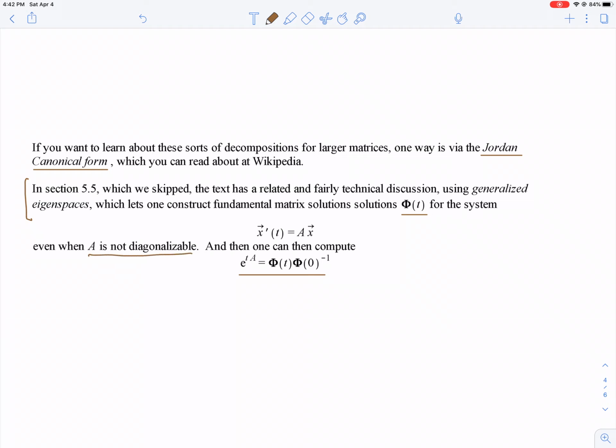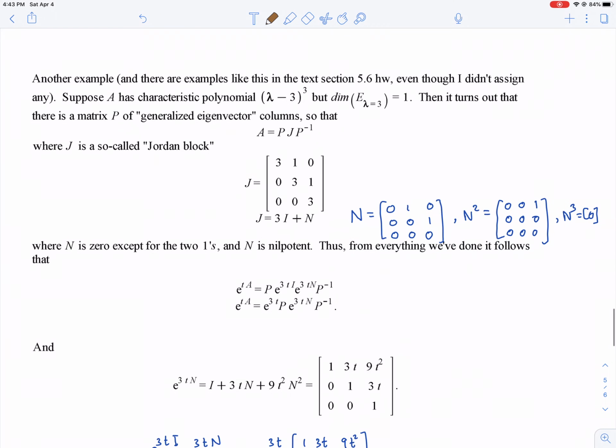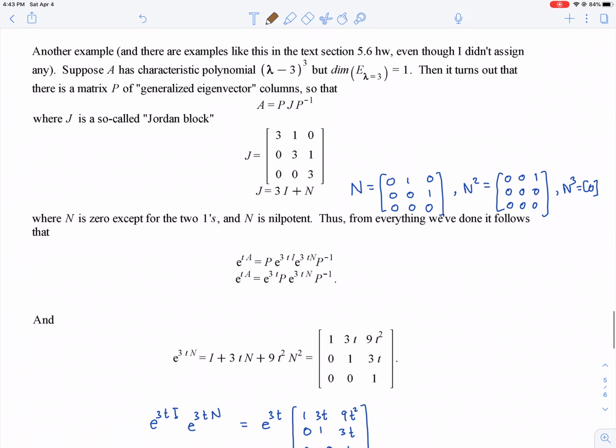So the text, in my opinion, it's there, but it doesn't really emphasize the big picture. And it's fairly technical, and so that's why we skipped it.